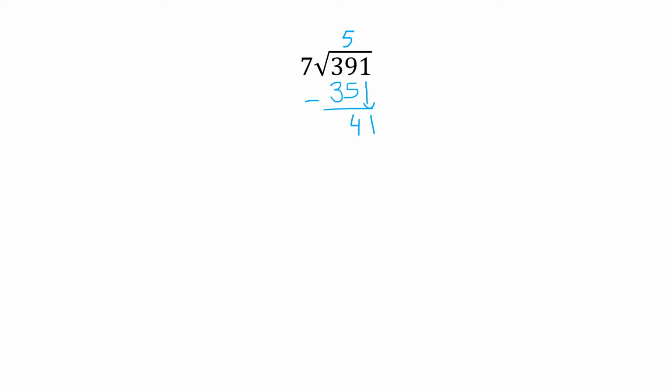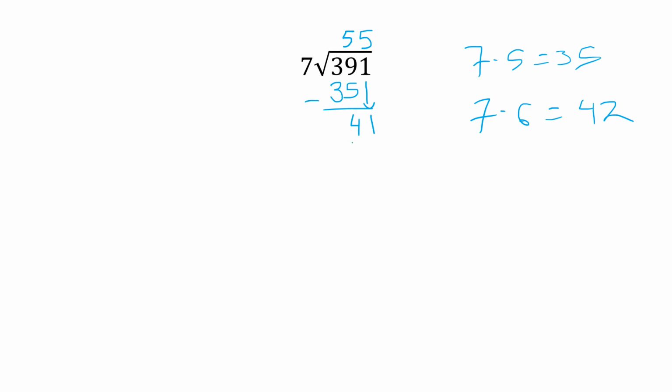Well, we know 7 times 5 is 35. Could we go 1 up? What's 7 times 6? 7 times 6 is 42. That's too much. That's greater than 41. We can't use 6, so it's going to be 5 again. We'll write our 5 over our 1. 5 times 7 is 35.